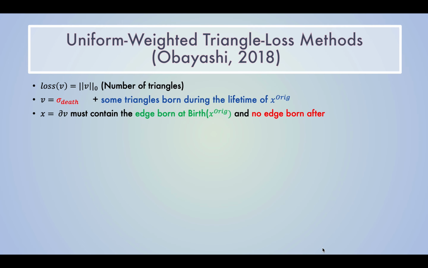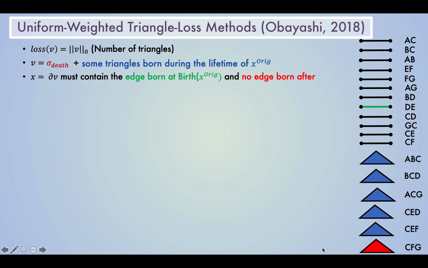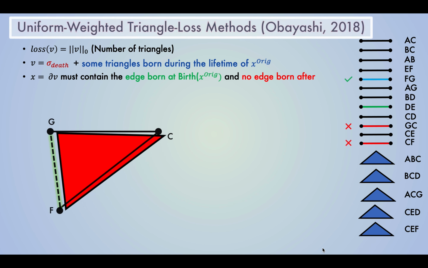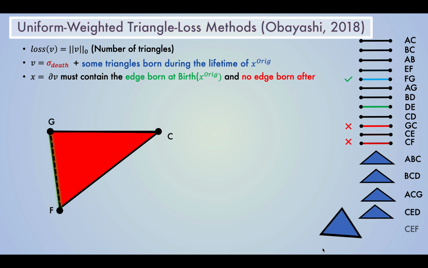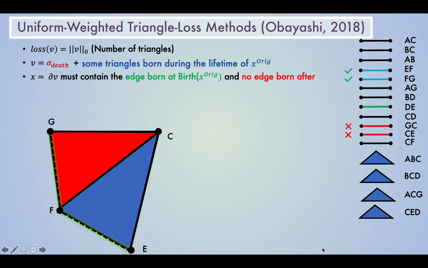Again, let's see an example with the previous filtration. First, we must include the death triangle CFG. However, now the boundary contains edges born after the birth edge, but not the edge born at birth time. So, we will need to add in more triangles to satisfy those constraints.